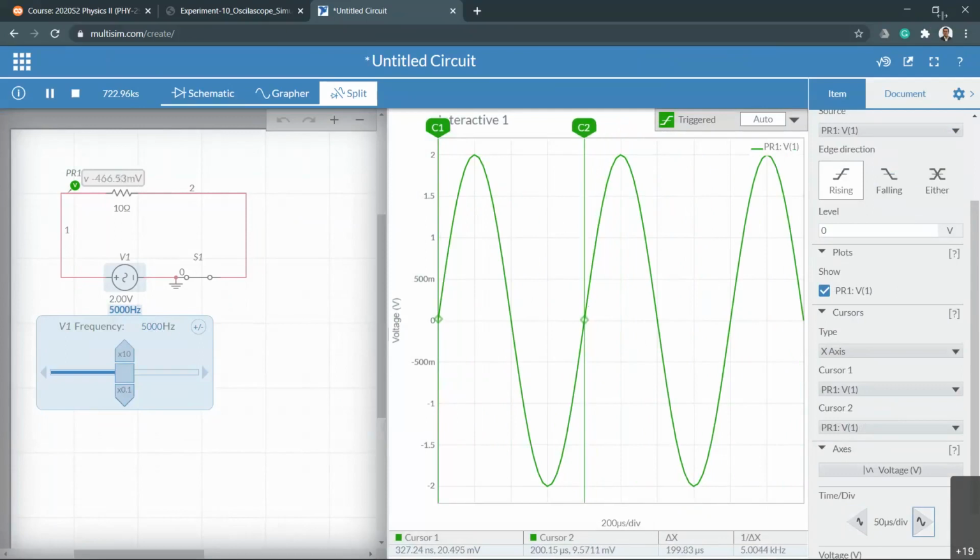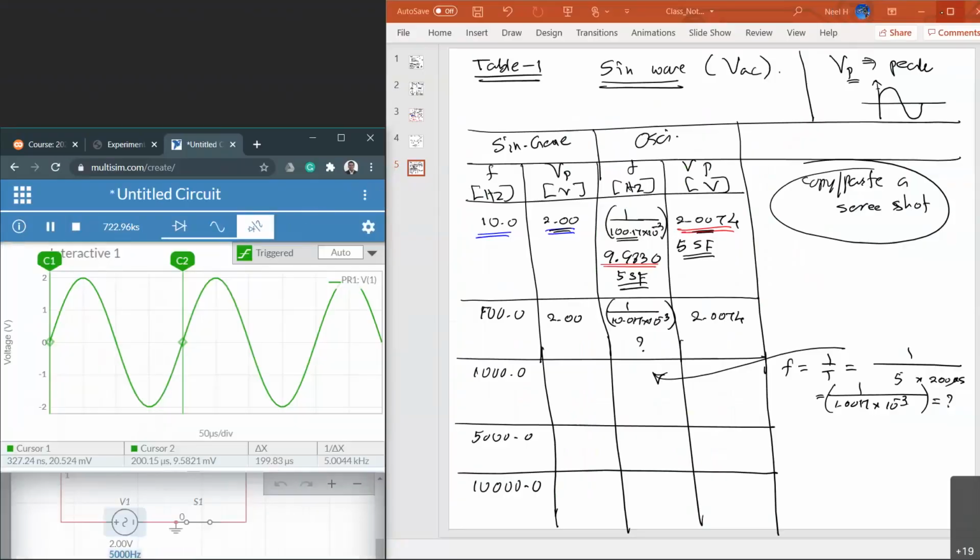Okay, good. Now my delta x is about 199.83. So the frequency is 1 over 199.83 times, now it is microsecond, micro is 10 to the negative 6 second. You do that calculation, then you should get the right frequency.